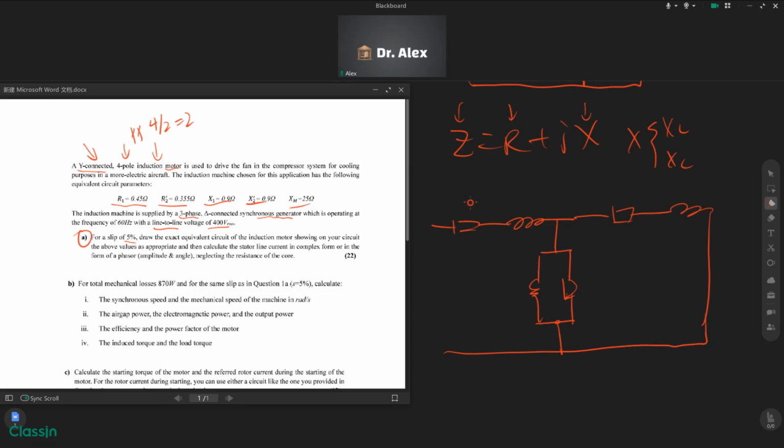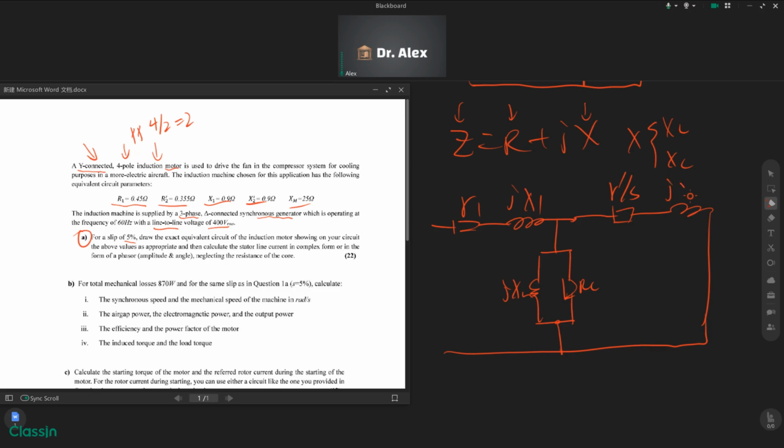This is still R1, jX1, jXm, Rc, but here we should convert the rotor part into the stator side. So it should be like this, okay?